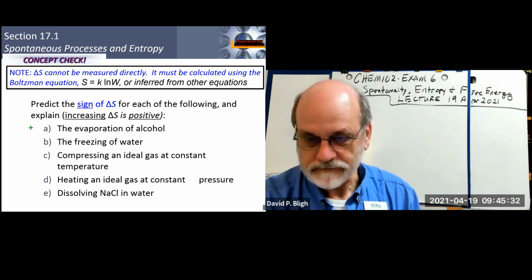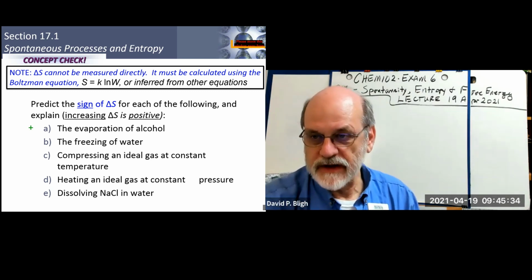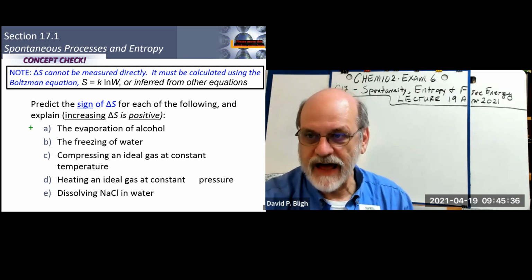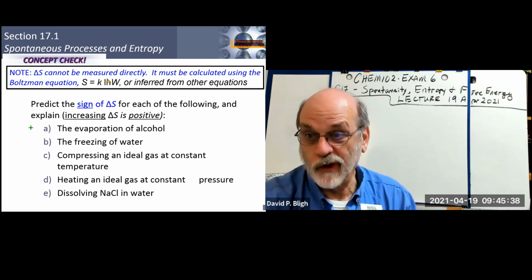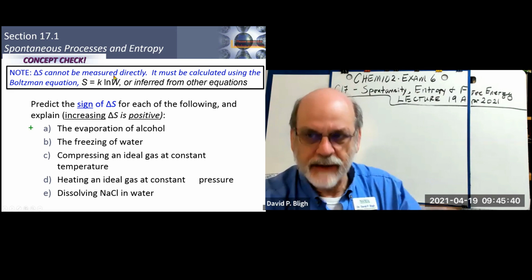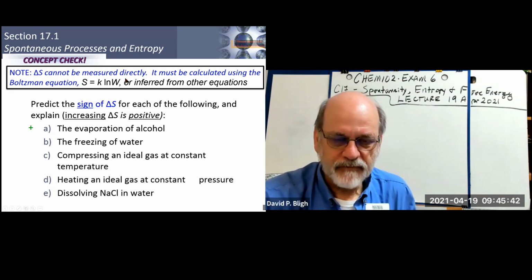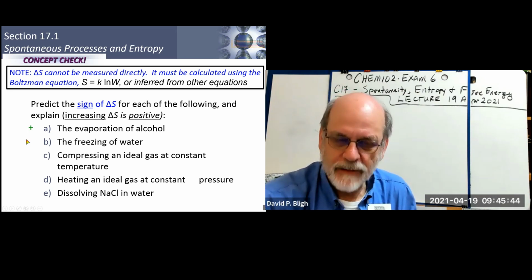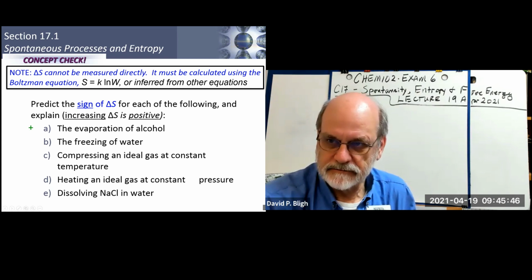Before that, you had to be a theoretical physicist or a math genius to do this work. But it was a stepping stone. Okay, back to our problems. How about the freezing of water?